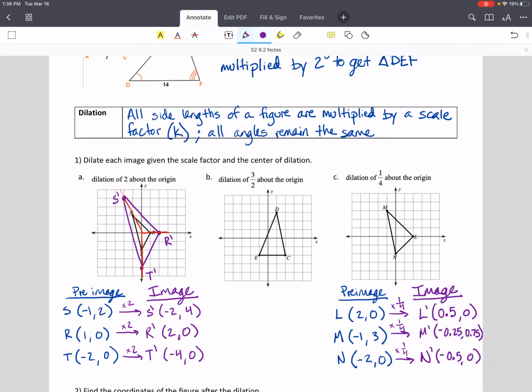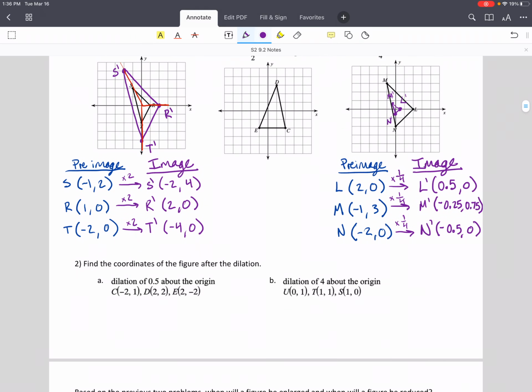So I can label those with half. There's L prime. And then negative 1/4. Look at how cute this is. It's so small. And then negative half. Adorable. Okay.